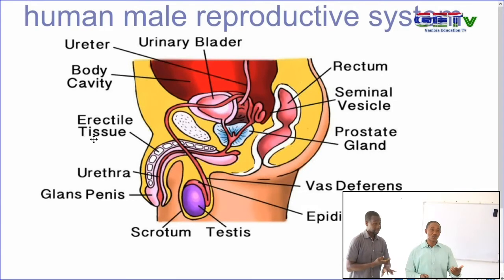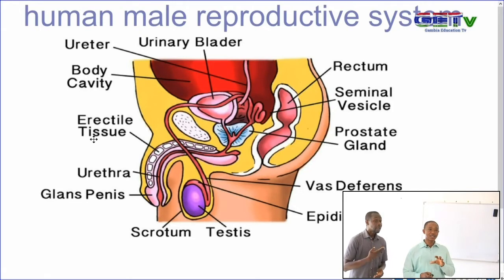So the scrotum houses the testes that are responsible for producing sperm cells, and hope you can remember the epididymis, where the sperm cells are stored and where they mature, and then the vas deferens, or the sperm duct, that takes the sperm right through to the other tube, that is the urethra, so that it can be taken out of the body.